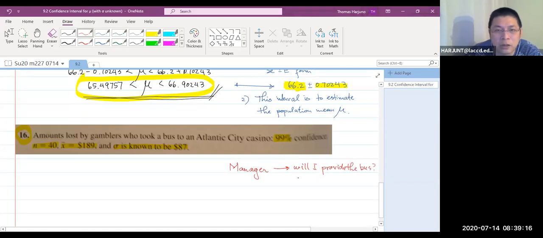Let's say the cost for the bus to pick them up, bring them to the casino, and send them back to that initial point. Actually, that's 4 trips, not only 2, because the bus will start from the casino, go to the city, pick them up, and bring them to the casino.